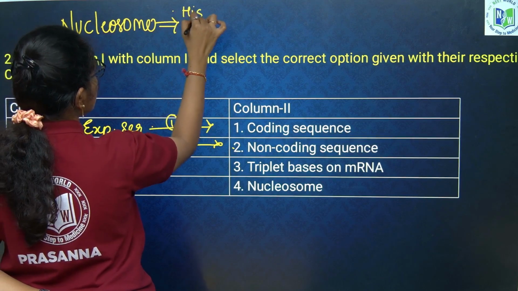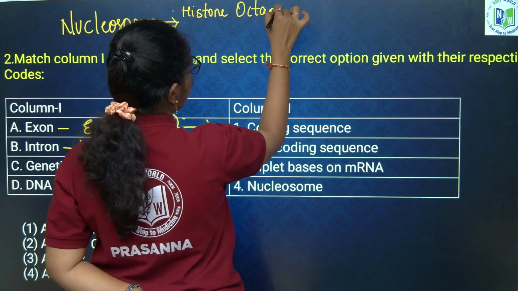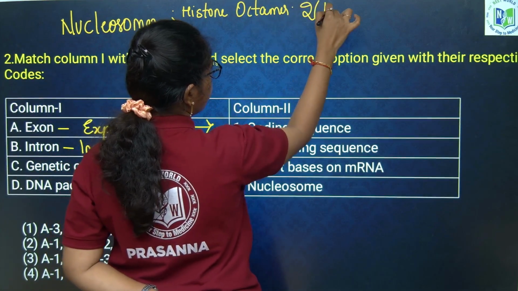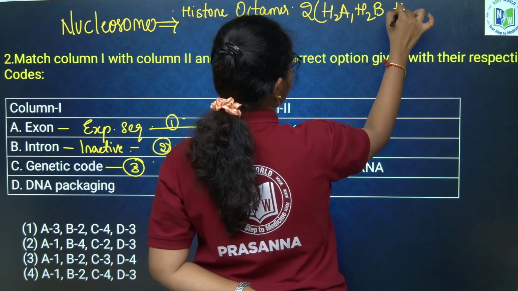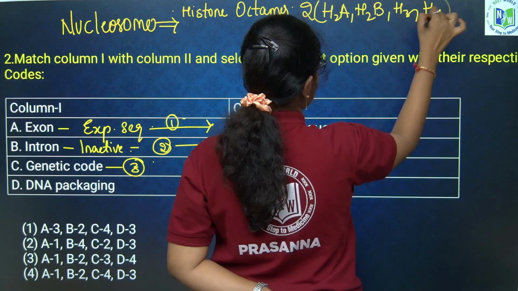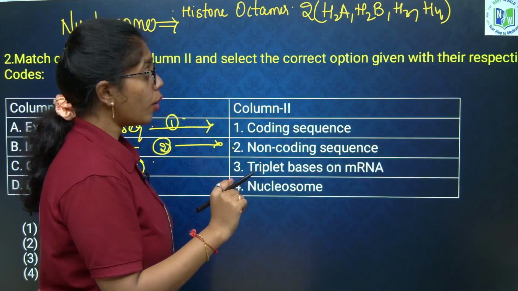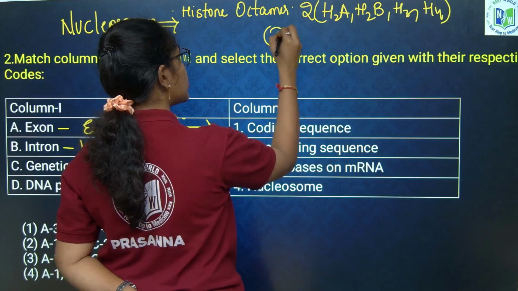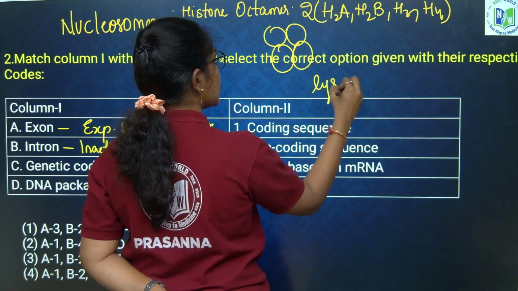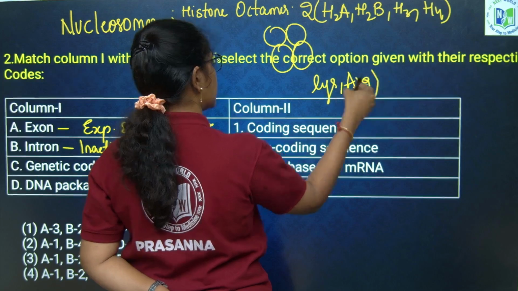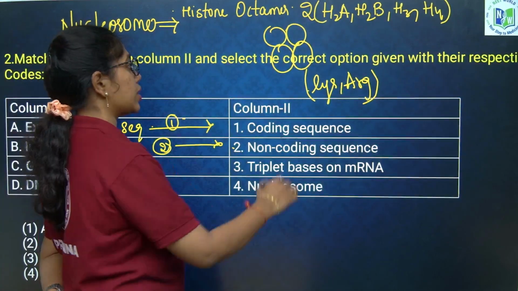The histone octamer has 2 sets of H2A, H2B, H3 and H4 proteins. These proteins are positively charged because they are rich in the basic amino acids, lysine and arginine.